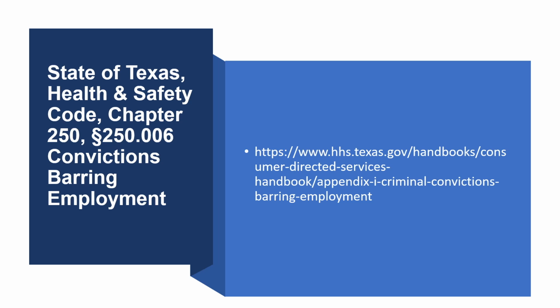I highly encourage you to always keep your hiring managers, whoever's doing your onboarding, whoever's in your human resource department, familiar with this Health and Safety Code. It's also supposed to be a part of your application. I cannot stress that enough when you are checking criminal background.